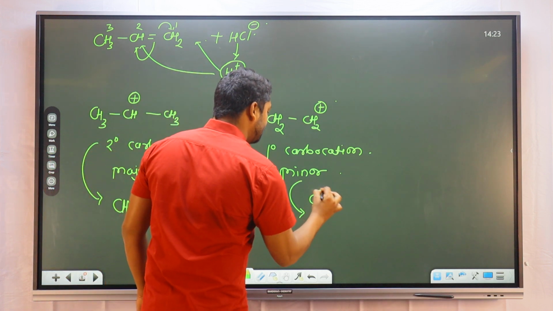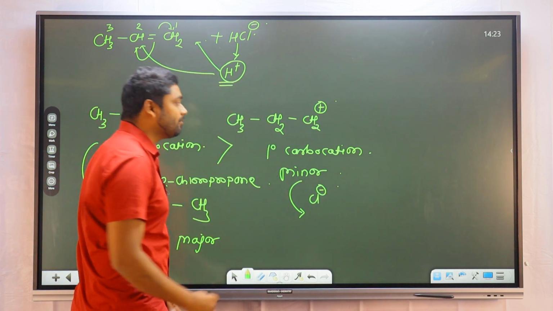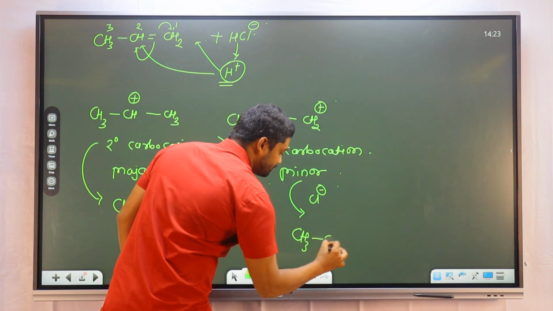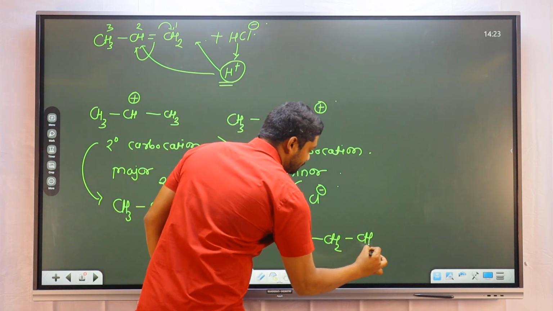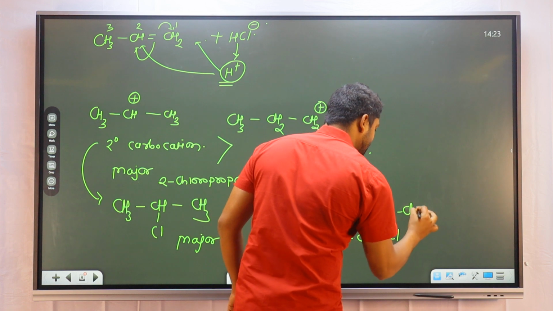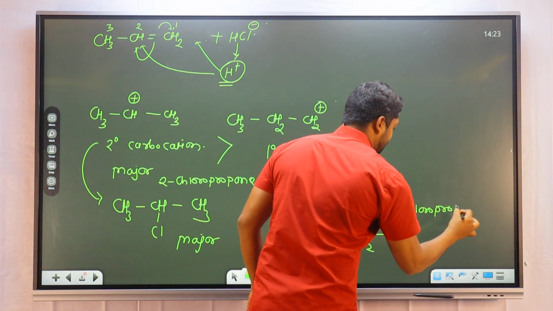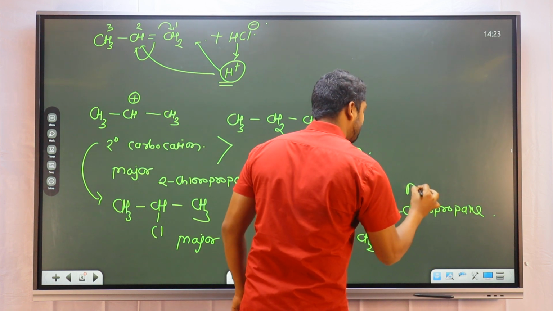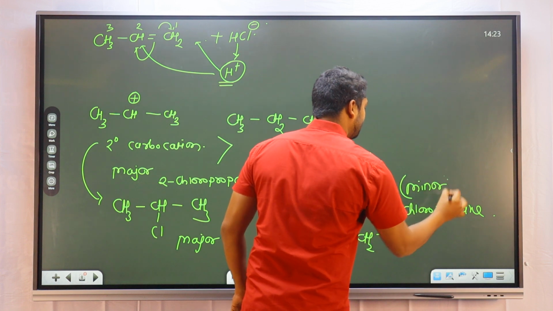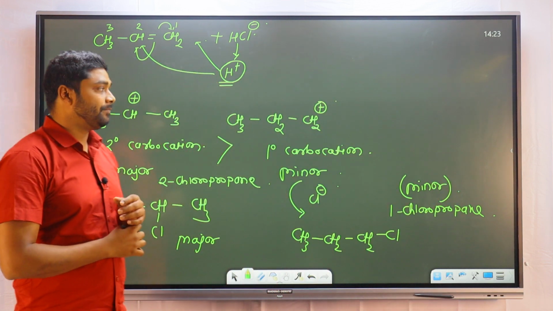When Cl minus attacks the primary carbocation, this will produce CH3 CH2 CH2Cl, that is 1-chloropropane, and this is minor, because of the instability of the primary carbocation.